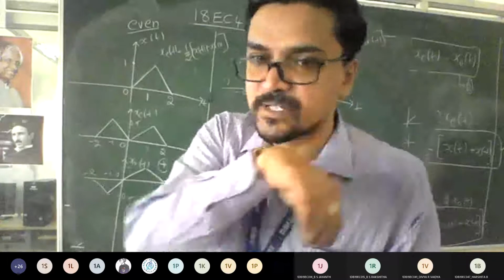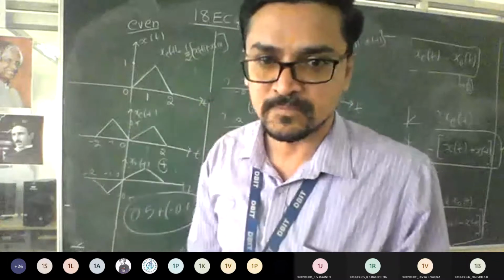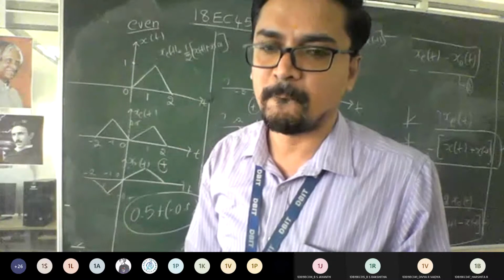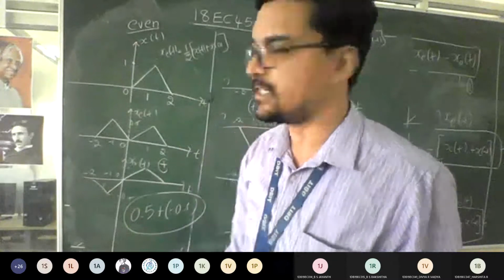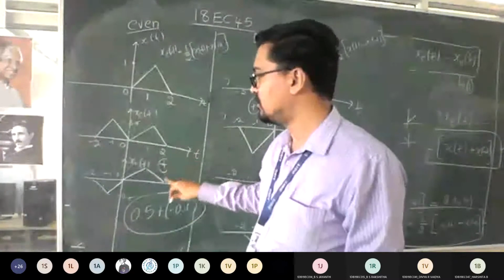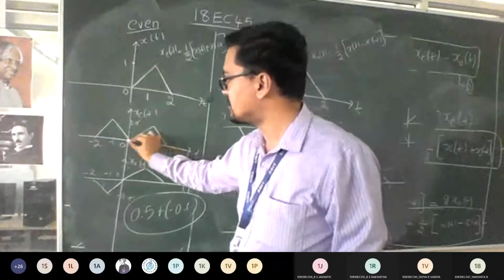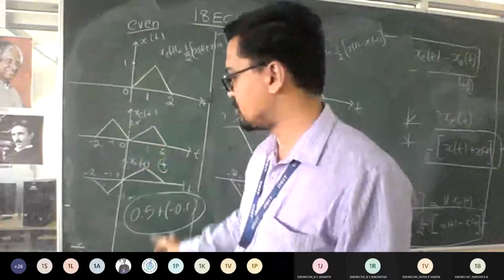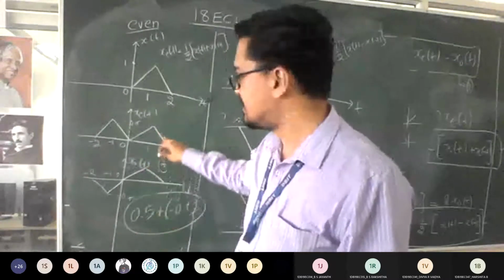Shall I proceed? Any doubts? Okay, yes, sir. Now look here. I am coming towards the right hand side now. In the 0 to 1 interval, the signal is there.